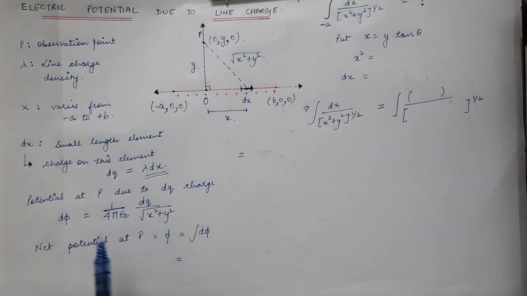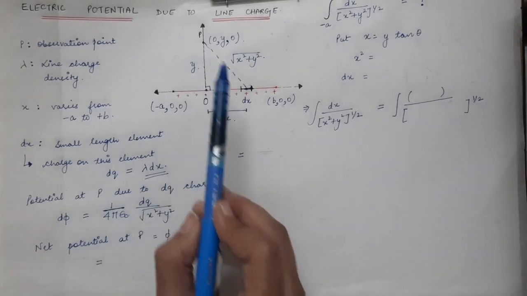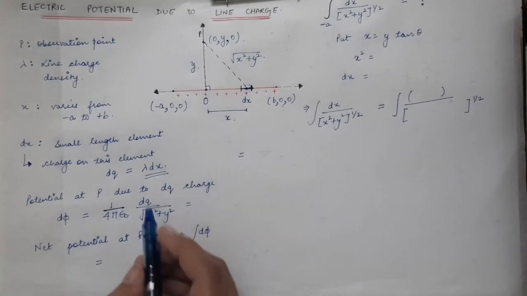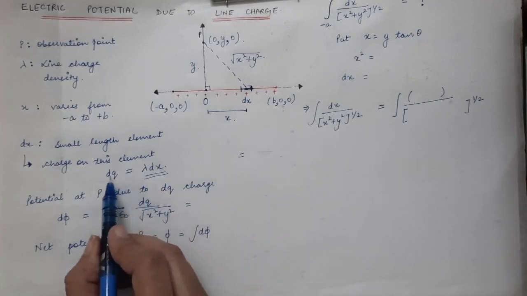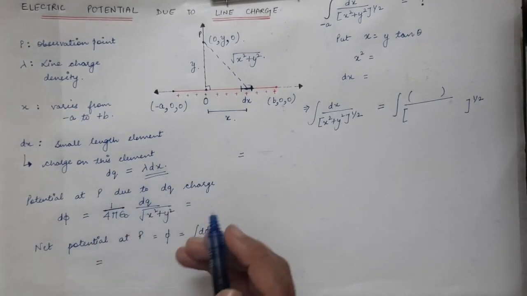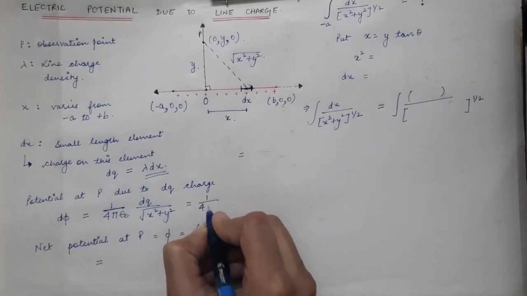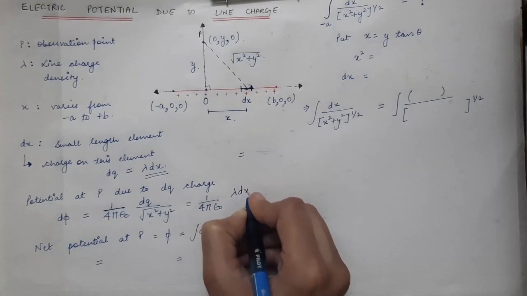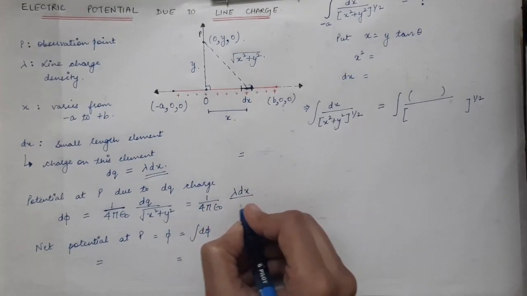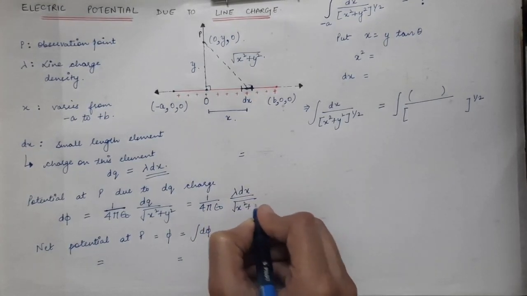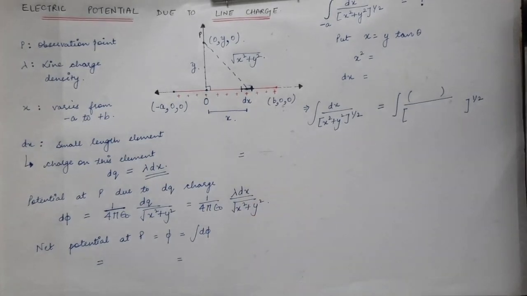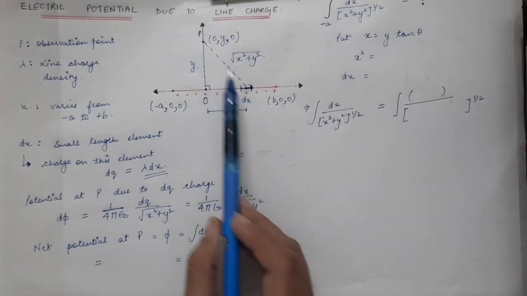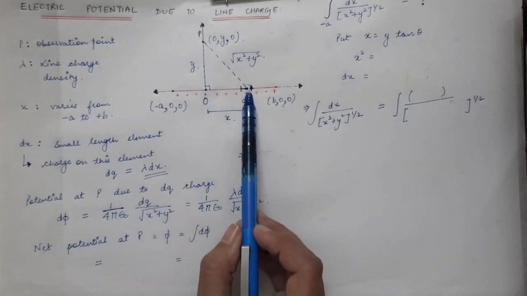This is the expression of potential at P due to this small amount of charge. We insert the expression of dq, because dq is equal to lambda into dx. So the potential will be 1 by 4 pi epsilon naught into lambda into dx divided by under root of x square plus y square. This is the final expression of the potential at P due to this small amount of charge.